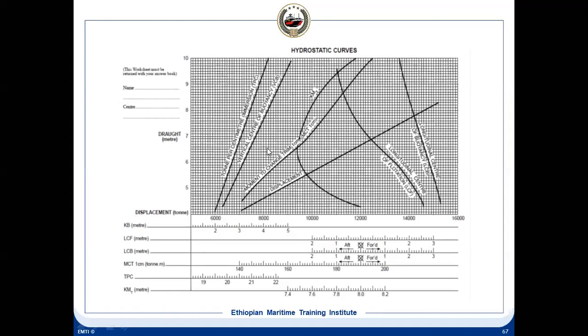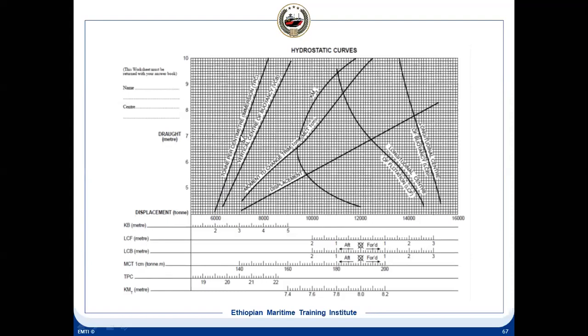But there is more data available here, KB for example, or let us see TPC. This is the tons per centimeter immersion curve. If you see this TPC, this is the scale. It will cover the draft.